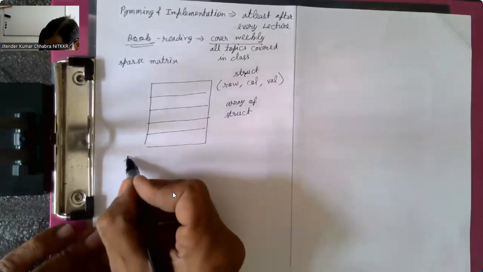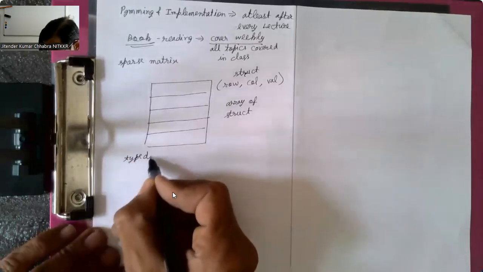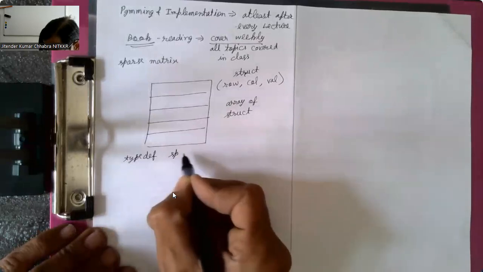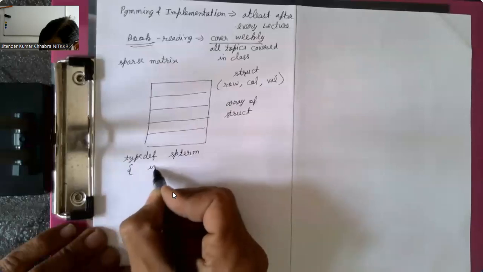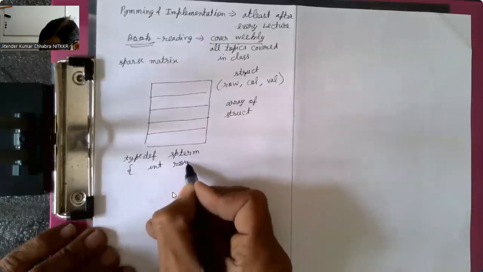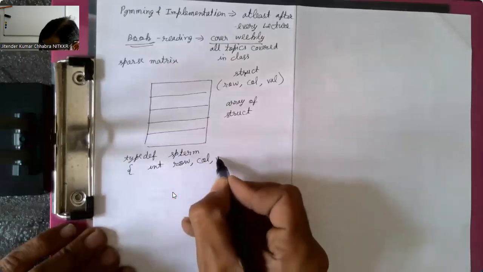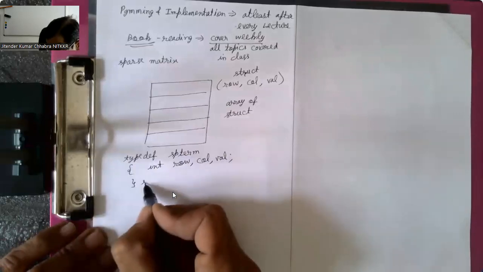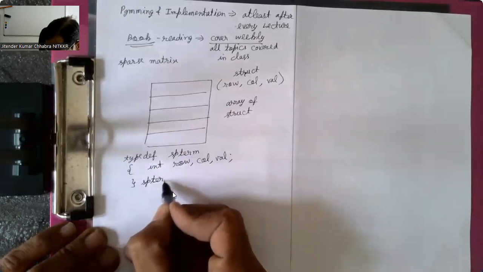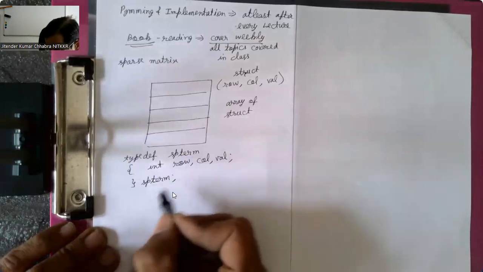So you can definitely do typedef, say sparse term, and within that you can store row, column, and val as its members. And then, of course, you can have an array of this.